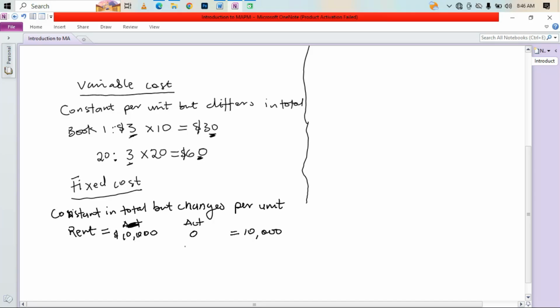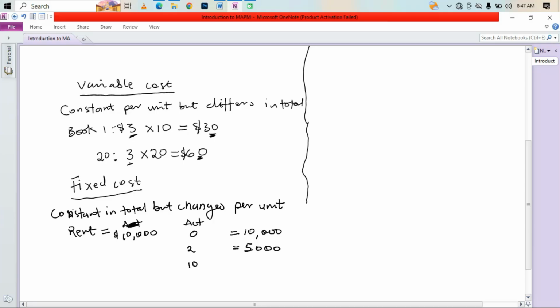But if we are producing two units and we want to allocate this 10,000 to the 2 units, that means for 1 unit we are spending what? 5,000 on 1 unit, but in total it is what? 10,000.